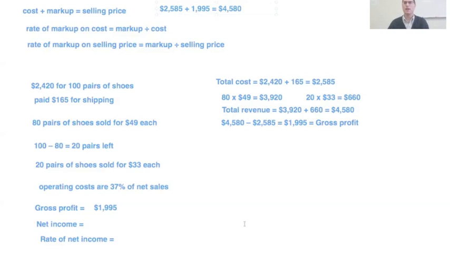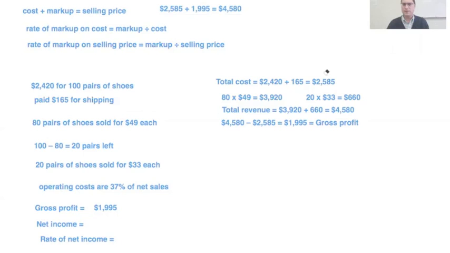Okay, great. So the store got a gross profit of $1,995. But does that mean that the store owner gets to take that almost $2,000 and put it in his pocket and go buy a lot of golf discs or something? Afraid not.